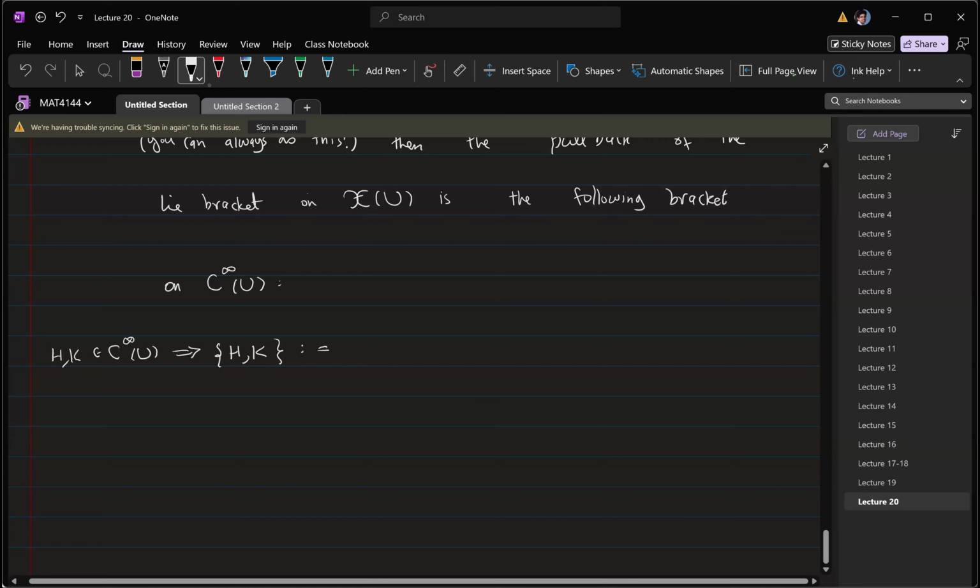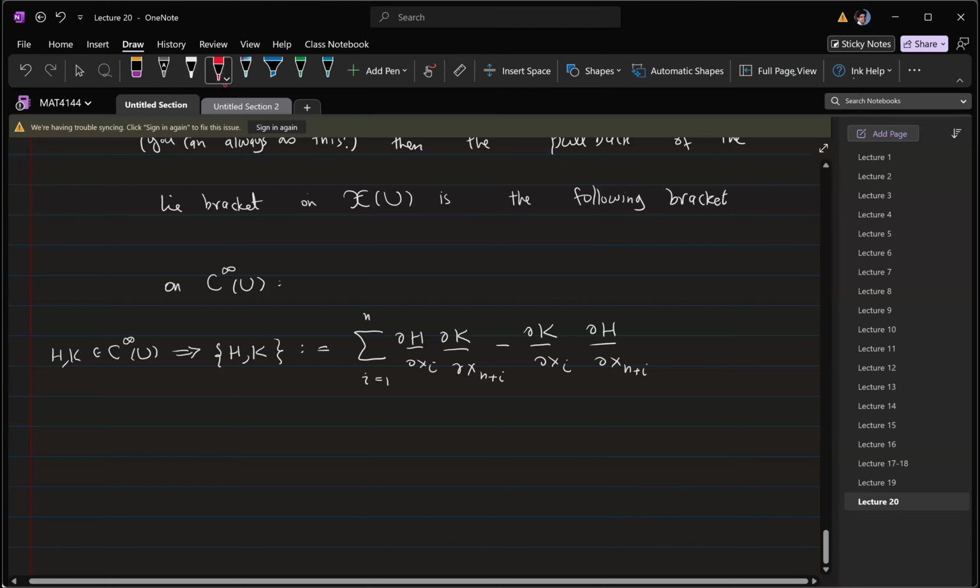this will be the sum over i from 1 to n of dH/dx_i times dK/dx_{n+i} minus dK/dx_i times dH/dx_{n+i}.